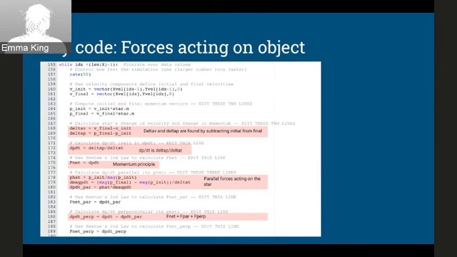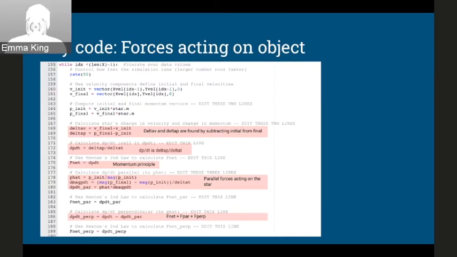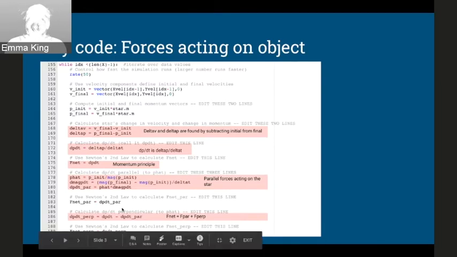And then we can get d magnitude of momentum over dt, which is just magnitude final minus magnitude initial over delta t. And then if you multiply those two numbers together, p hat times d magnitude p over delta t, you can find the parallel force. So we have F net parallel equals dp dt underscore par.